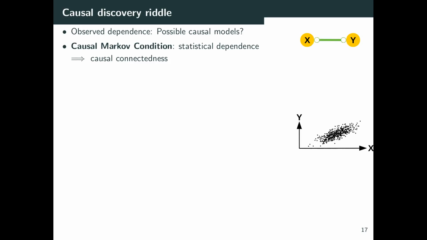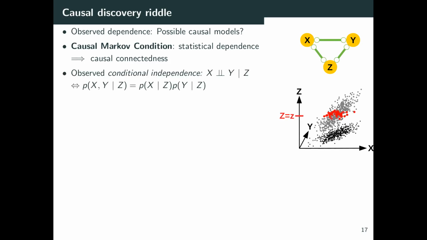Moving forward, what if we have access to more data? This is always beneficial. What if now, again, we have a large sample and three variables, a 3-dimensional scatter plot. And now we measure not just dependence.